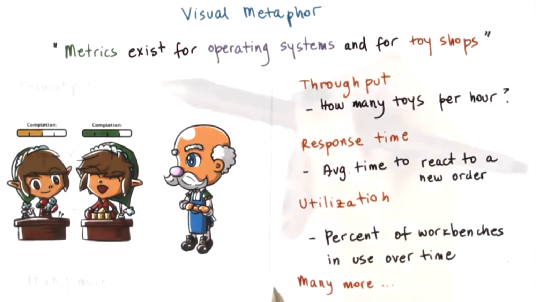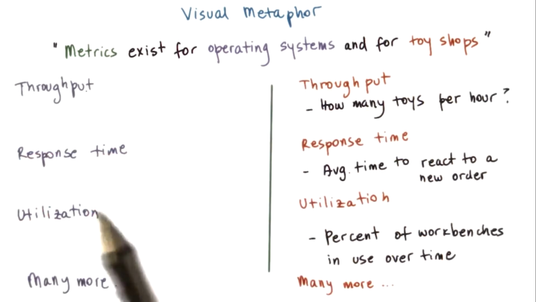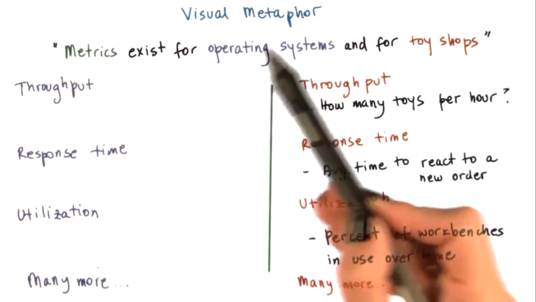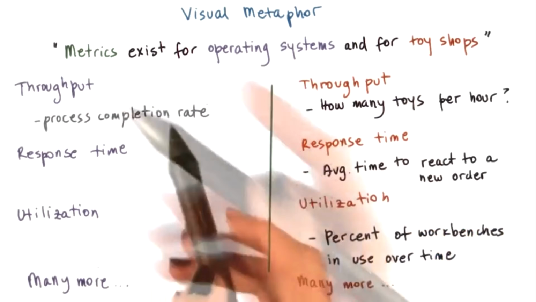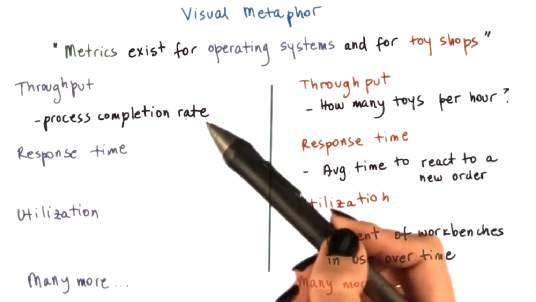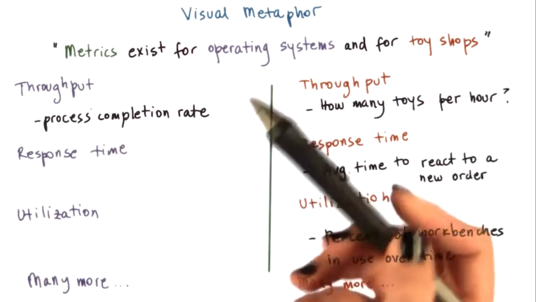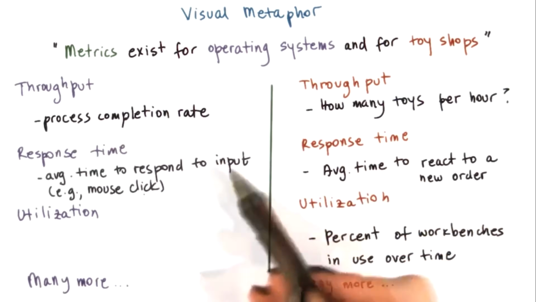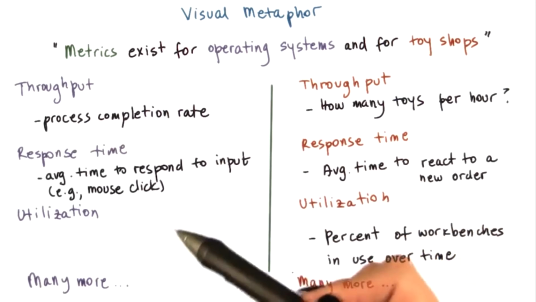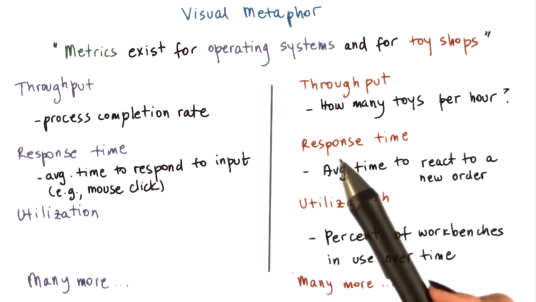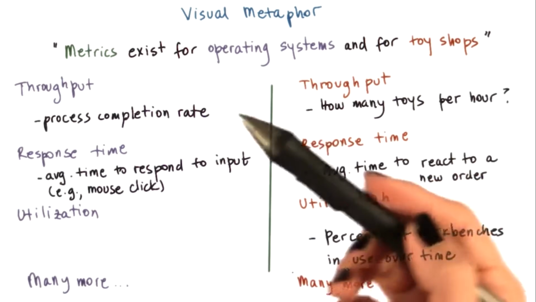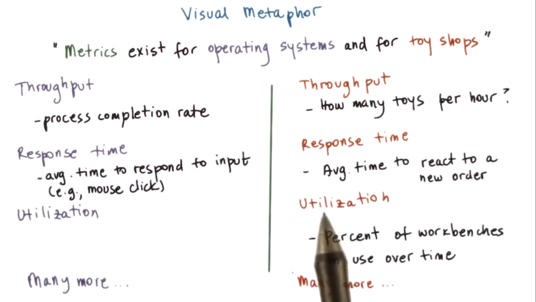There can clearly be many more properties of the toy shop and how it's run that are relevant to the toy shop manager. Metrics such as throughput, response time, utilization, and others are also relevant from the operating system's perspective. For instance, it's important to understand how many processes can be completed over a period of time on a particular platform. It's important to know how responsive the system is, so when we click the mouse, does something happen immediately or do we have to wait some noticeable amount of time?